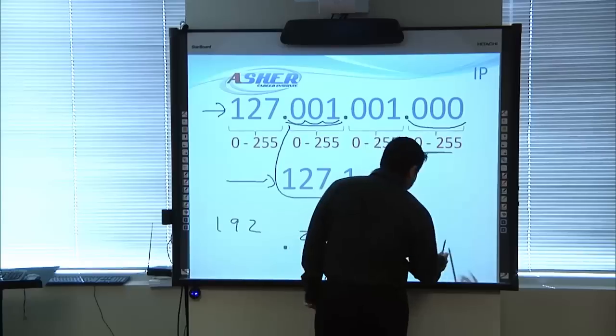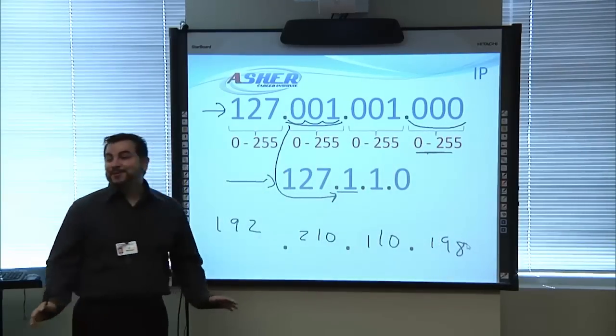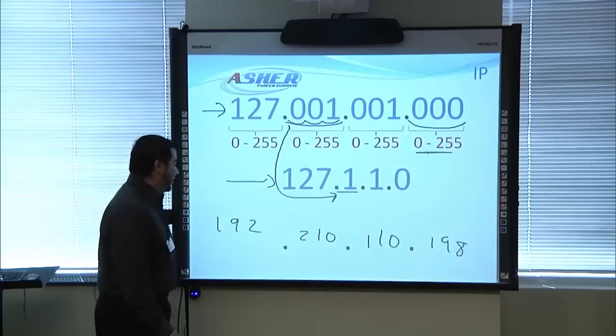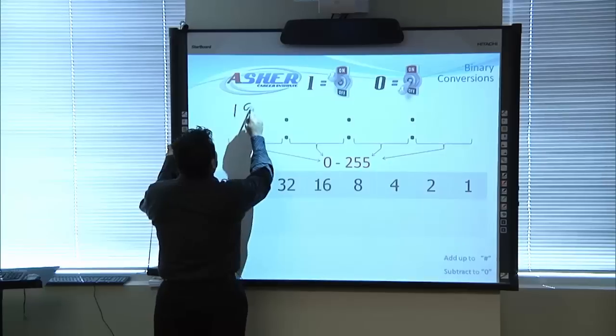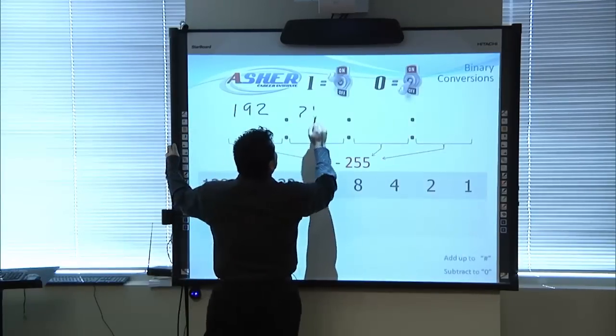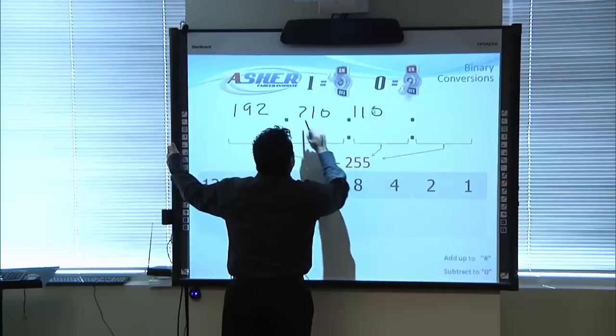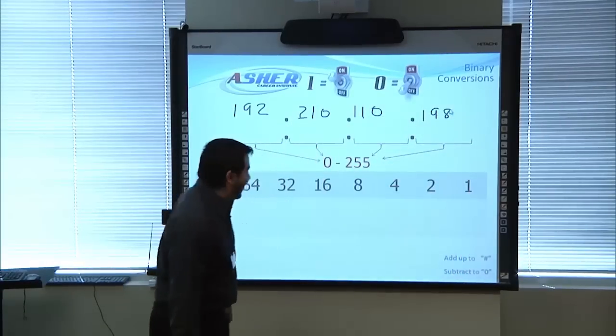Ooh, I like it. Y'all made your numbers hard. I would have picked 2. All right, so we're going to take these numbers here. 192. I forgot them already. 210. You're going to be good in this class.